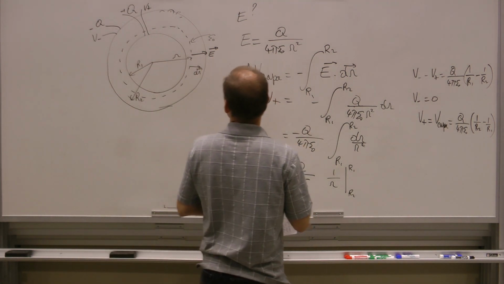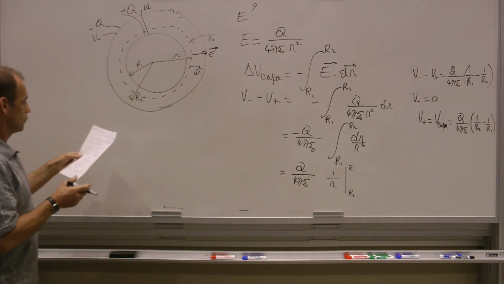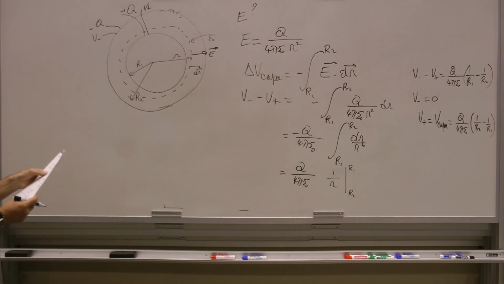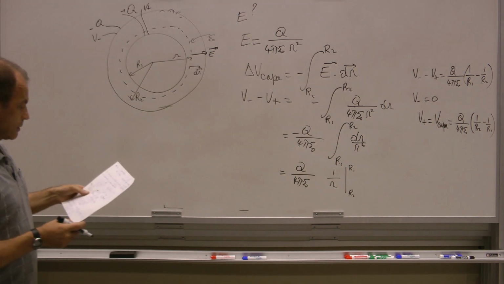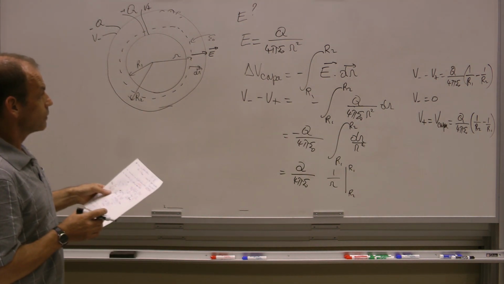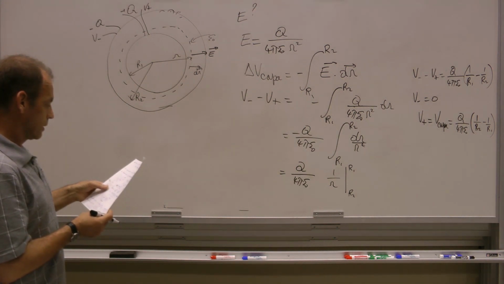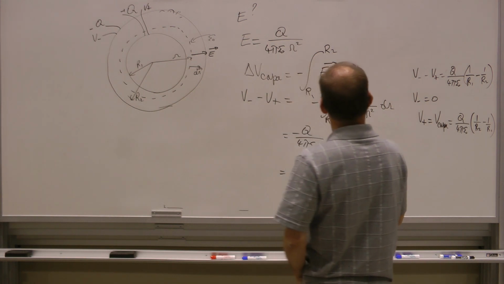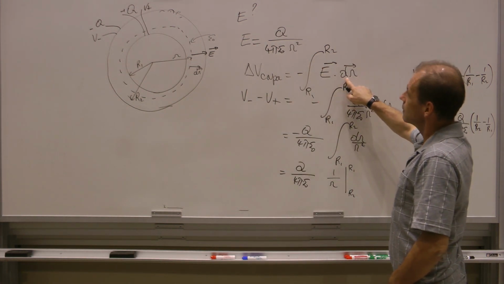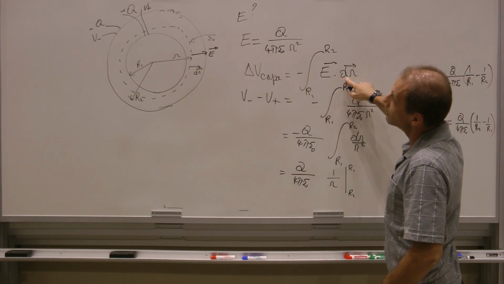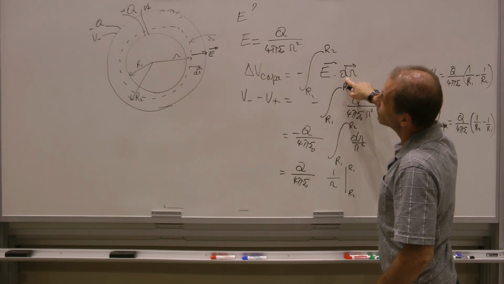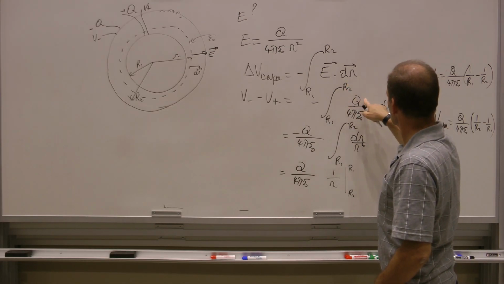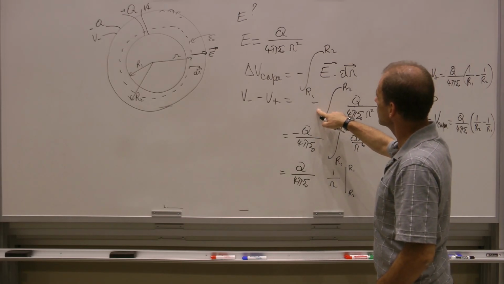So I'm integrating from R1 to R2, Q over 4 pi epsilon 0, 1 over R squared. Where is that sign here? E dot dr. E is radial out. Dr is positive. Q over 4 pi epsilon 0, negative.